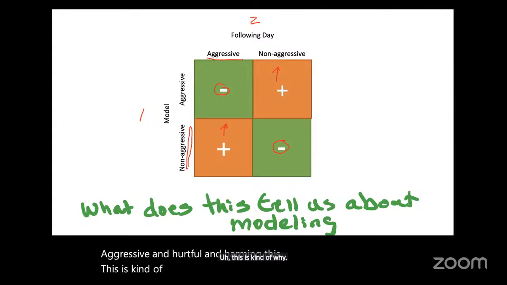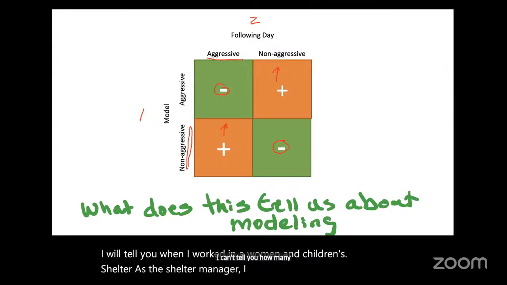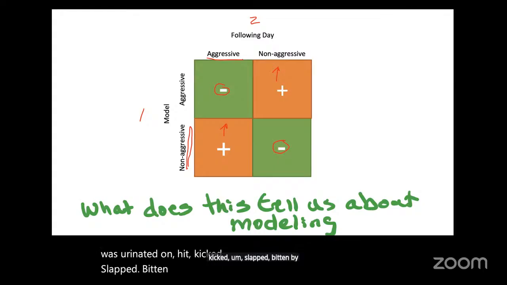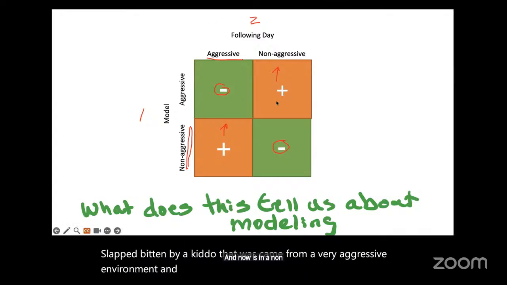I will tell you, when I worked in a women and children's shelter as the shelter manager, I can't tell you how many times I was urinated on, hit, kicked, slapped, bitten by a kiddo that came from a very aggressive environment and now is in a non-aggressive environment.